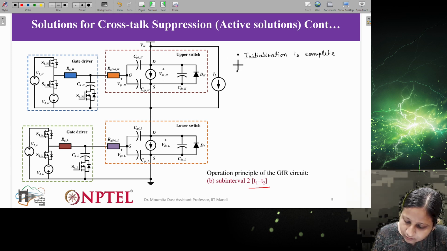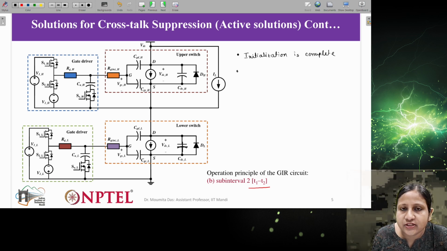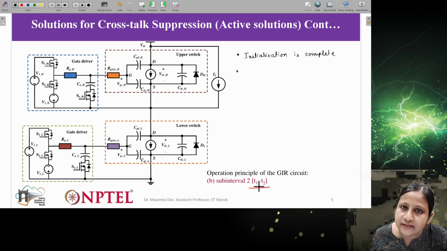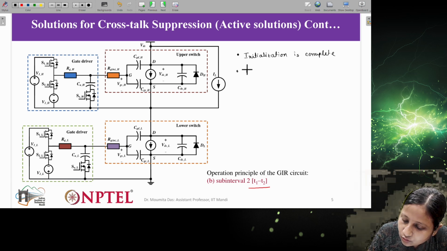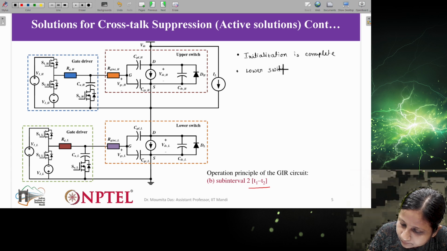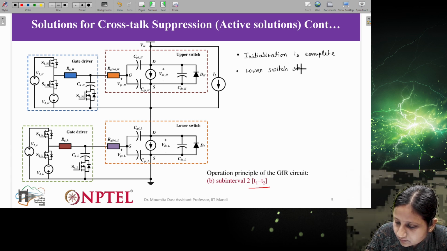So now we are considering the turning on of the lower switch. At the end of this particular subinterval, at T2, the lower switch starts to turn on.